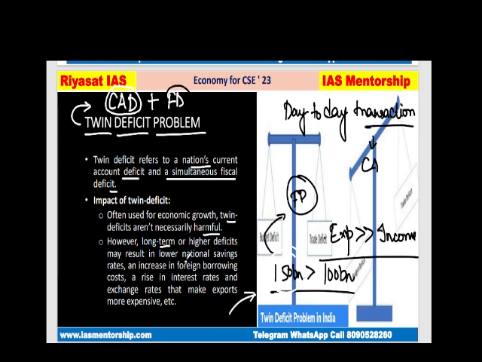It may result in the lowering of national saving rates. It can also increase foreign borrowing cost, and there will be a rise in interest rates as well. Along with the rise of interest rates, exchange rates are also rising. Eventually, exports will become more expensive in the international market, which will lower the competitiveness of Indian goods. Clear?